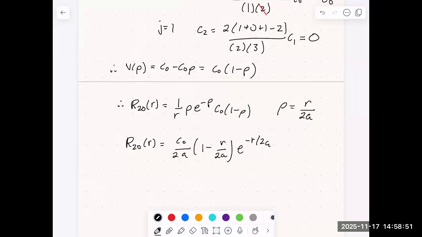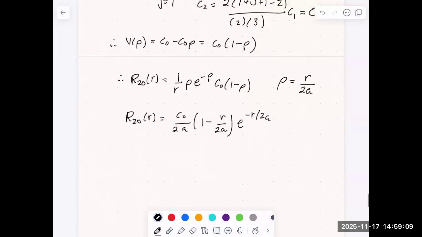I'm going to multiply by R squared dr, so that's going to make my polynomial go from R squared to R to the 4th. But every single term in that polynomial, we could evaluate using our factorial trick. And so they're not hard to do, although I'm not going to do it. So we have to normalize again to find C0 and go on and on and on.